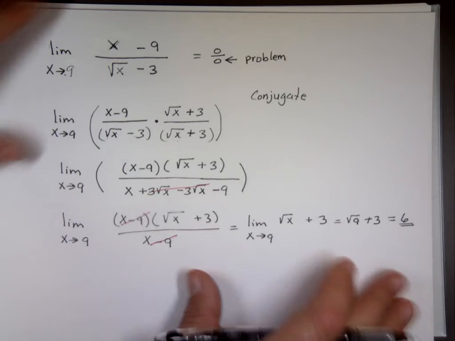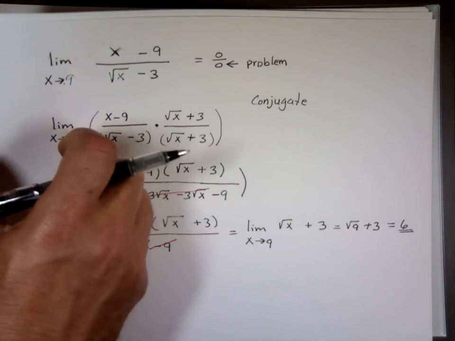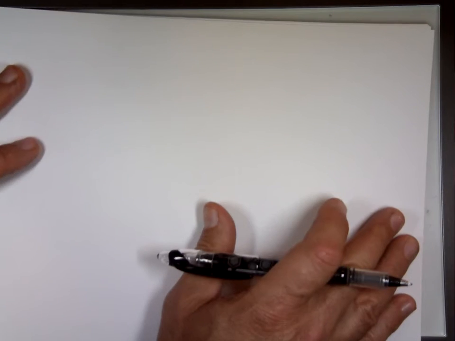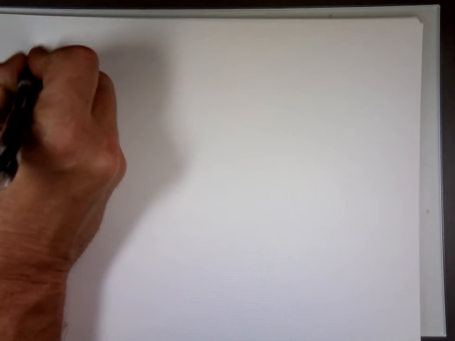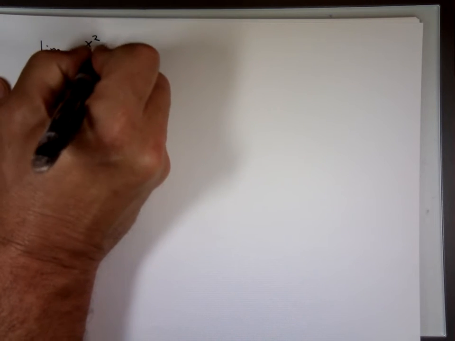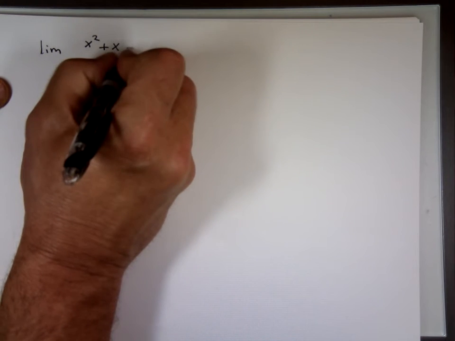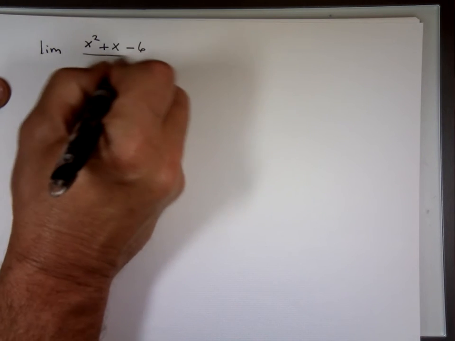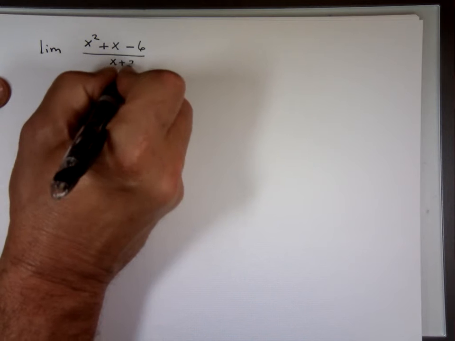So let's try another problem. The limit of x squared plus x minus 6 over x plus 3 as x approaches negative 3.